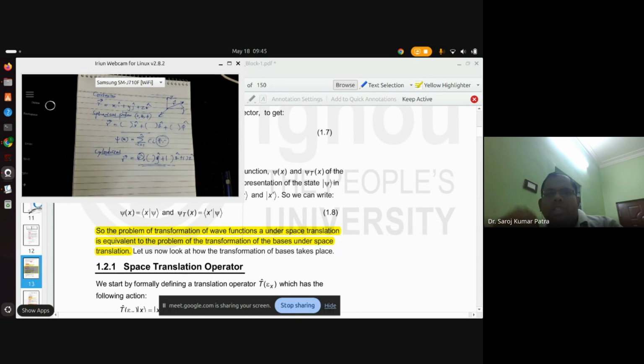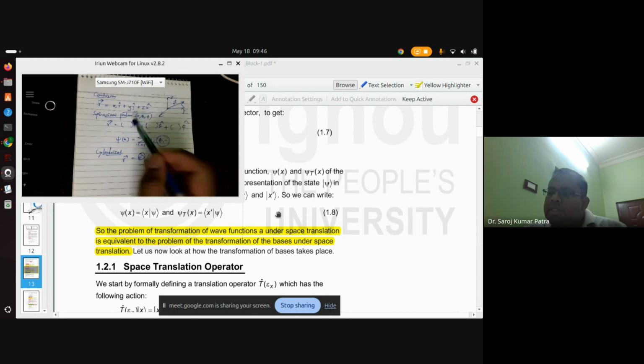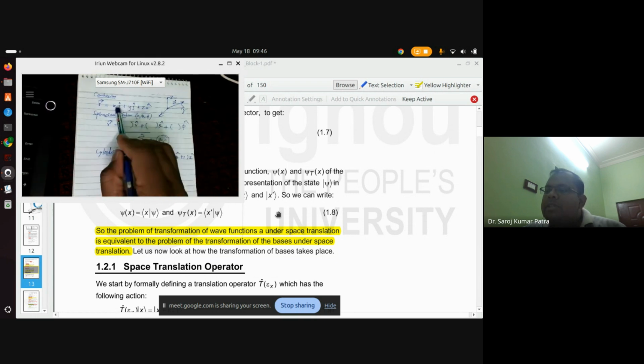If we have n dimensions instead, we can express the vector in terms of n mutually orthogonal vectors, and so on. In Hilbert space this wave function is also a vector, a ket vector, and that ket vector can be expressed in terms of mutually orthogonal basis vectors, just as in 3 dimensions i cap, j cap, k cap are your basis vectors.